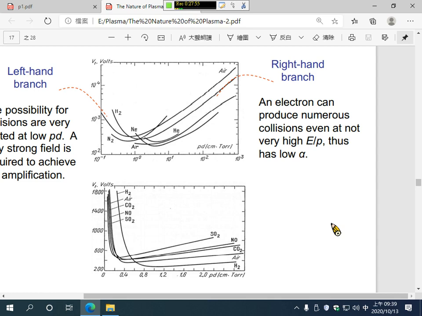For example, for the hydrogen plasma, you can see the PD value for the minimum breakdown voltage is around 0.8 or 0.9 centimeter torr, right? Less than 1. And for other gases, for example for air, the value is around 0.4 here, small, right? A little bit smaller than 1 centimeter torr.